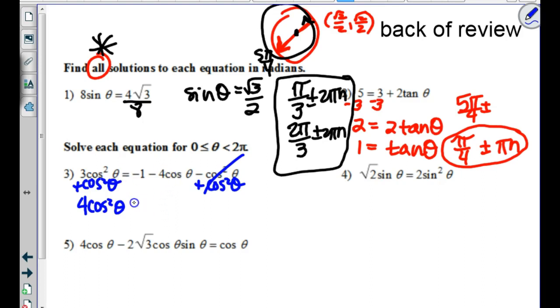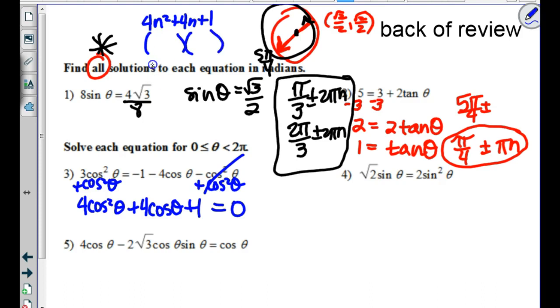So if we add 4 cosine over here and add 1, then that right side would be 0. How does 4n squared plus 4n plus 1 factor? Plus 1 and plus 1.